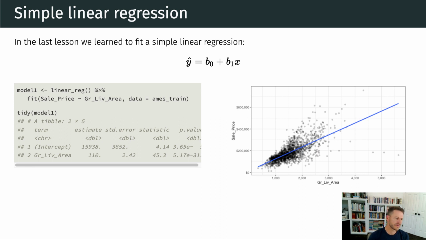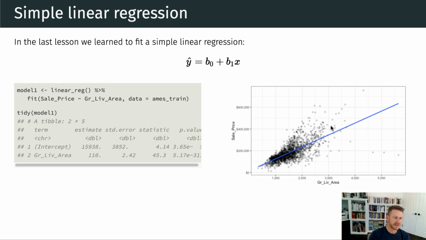All right, so in the last lesson, we saw how we can fit a simple linear regression model. And we saw that an SLR, simple linear regression model, is simply fitting the best fit line to our data, right? So it's building on top of correlation to illustrate that linear relationship with a best fit line.